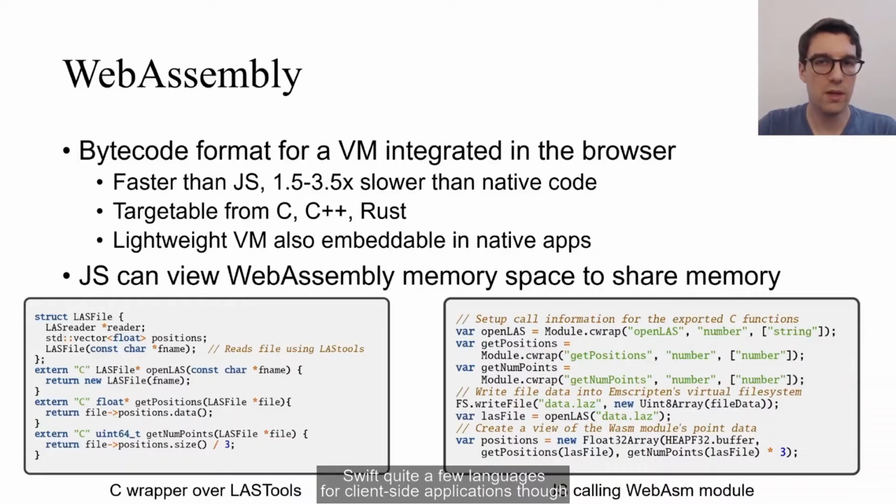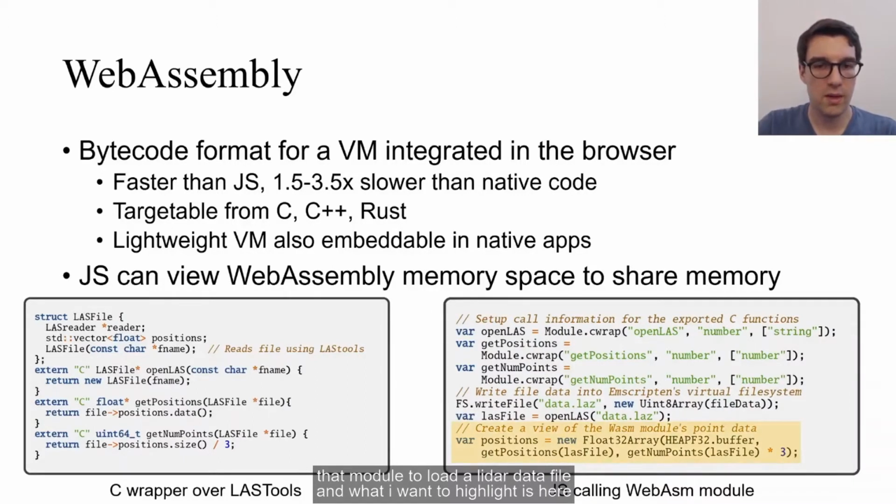Specifically for client-side applications, WebAssembly modules can also achieve much tighter integration with JavaScript, and JavaScript is able to access data from the module directly. The example I show here on the left is a C wrapper that we put over the LAStools API so that we can call it from a WebAssembly module in JavaScript. On the right side, we're calling into that module to load a LiDAR data file.